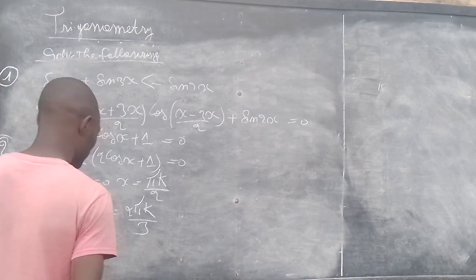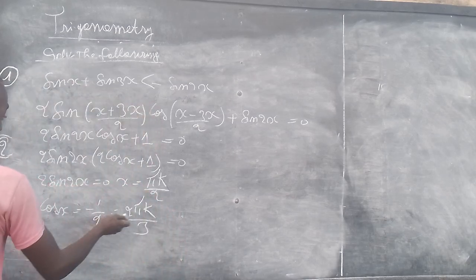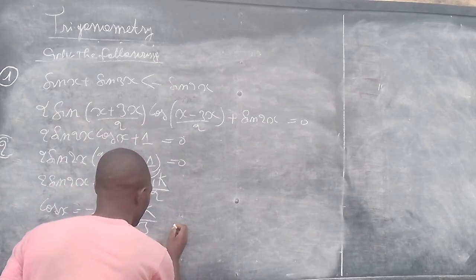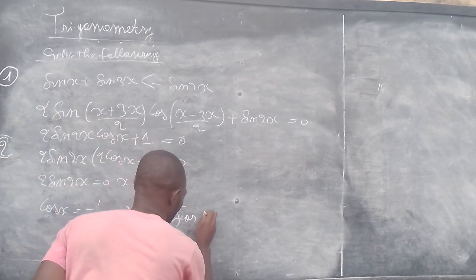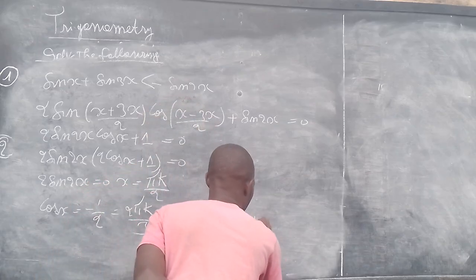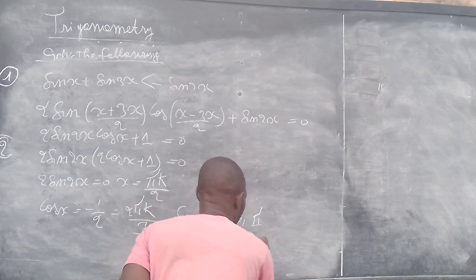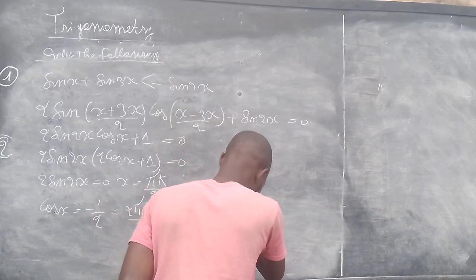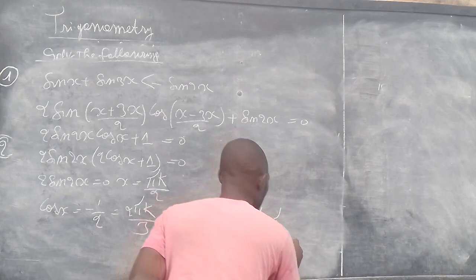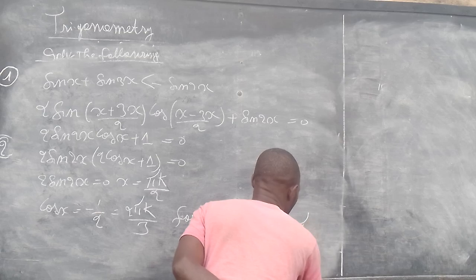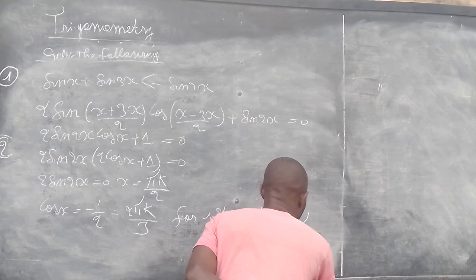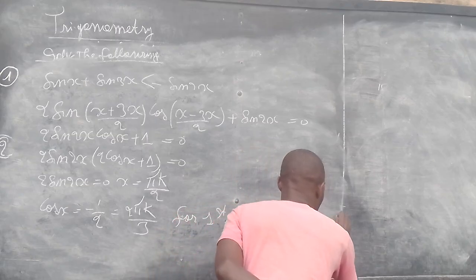So we need to know all the values of x to construct the sine table. For the first case we have 0, pi over 2, pi, 3 pi over 2, and of course 2 pi.